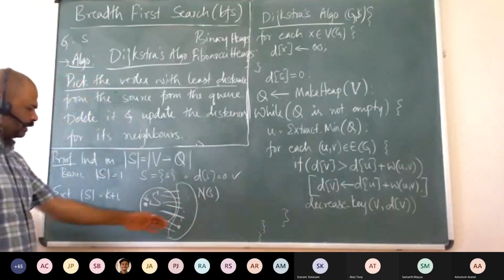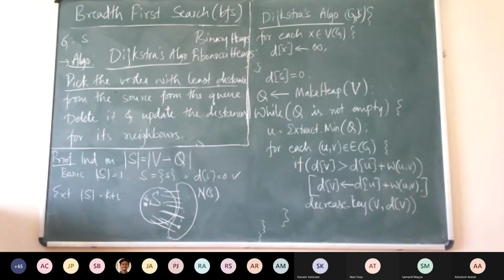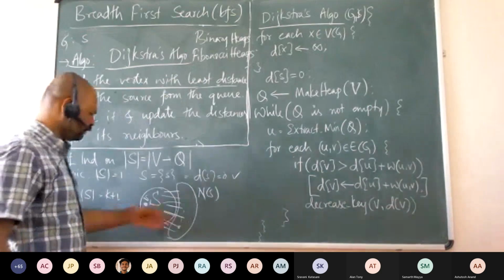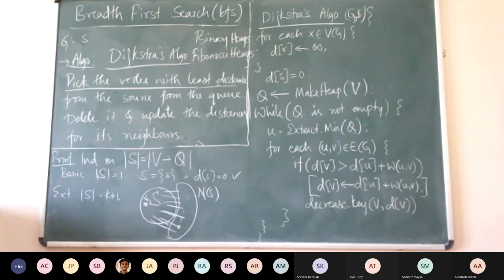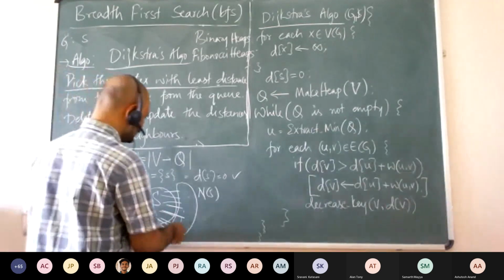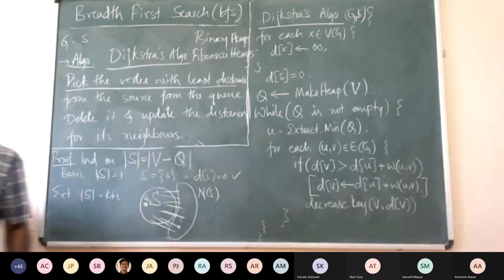And we need to prove that the minimum one is always set correctly. So we are going to say that when you pick the minimum among these, its distance will never be updated later. It can never have a shorter distance than this at a later point of time.